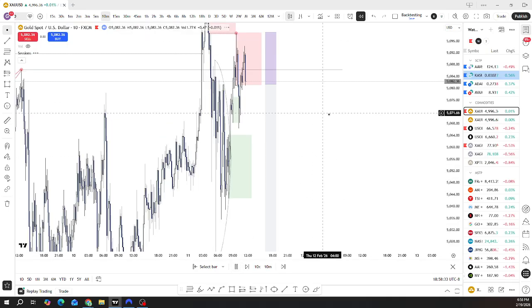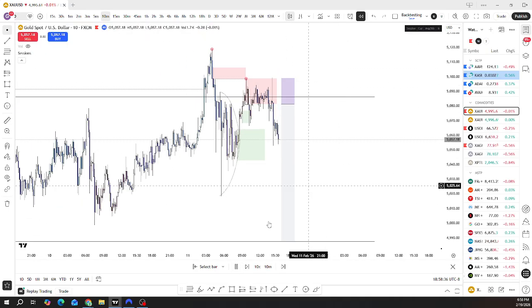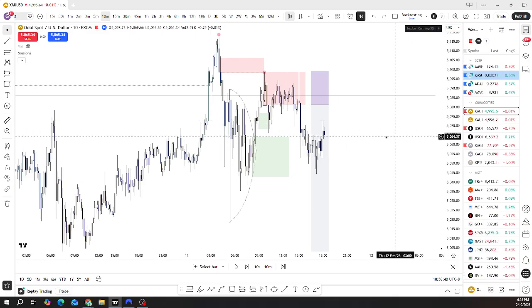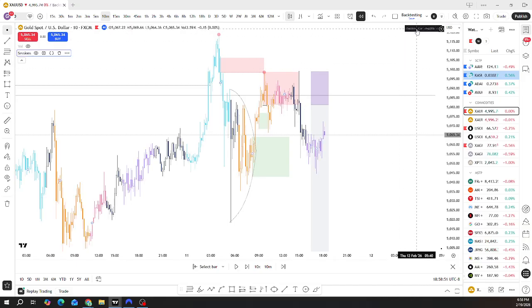As you can see, price came a bit deeper, and then during after hours spiked up and stopped me out. So that was quite unfortunate.